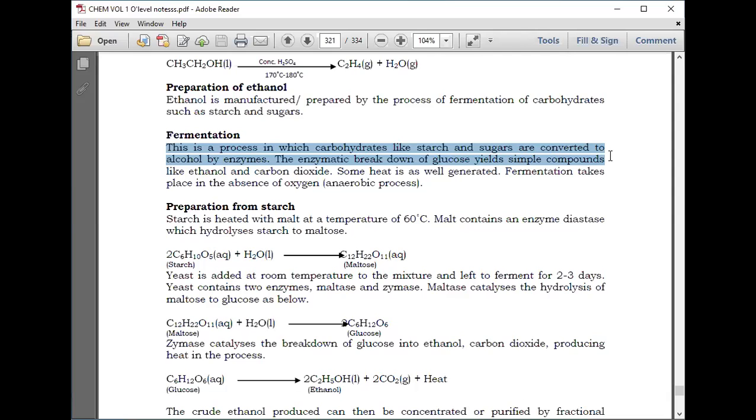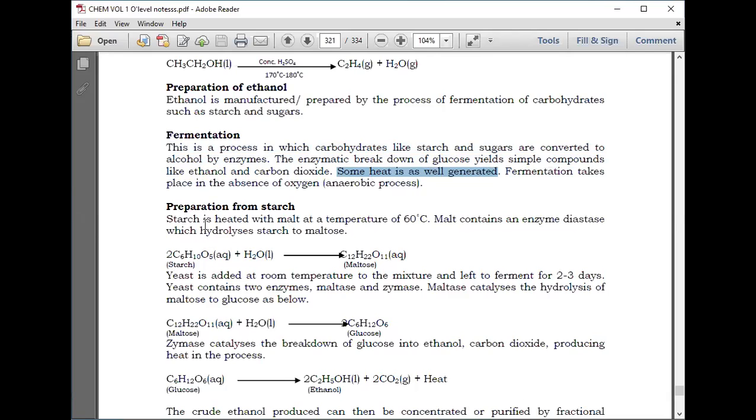The enzymatic breakdown of glucose yields simple compounds like ethanol and carbon dioxide. Some heat is as well generated, so heat energy is generated as well. So let us look at preparation of ethanol from starch. The process we have said is fermentation.